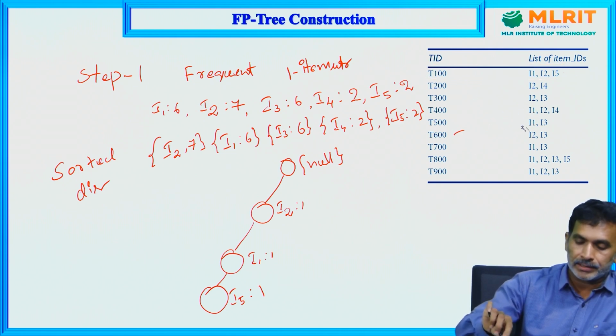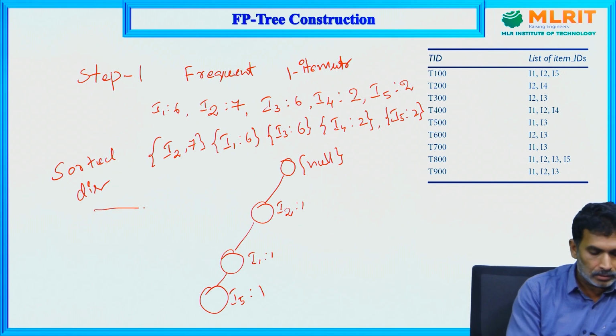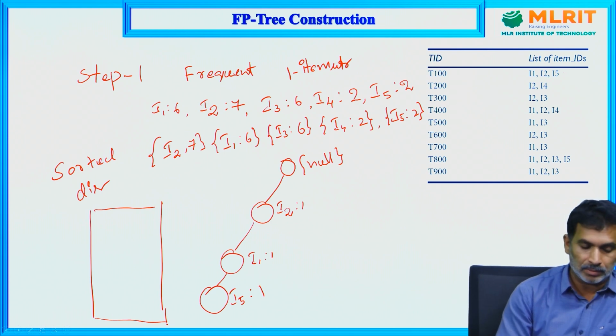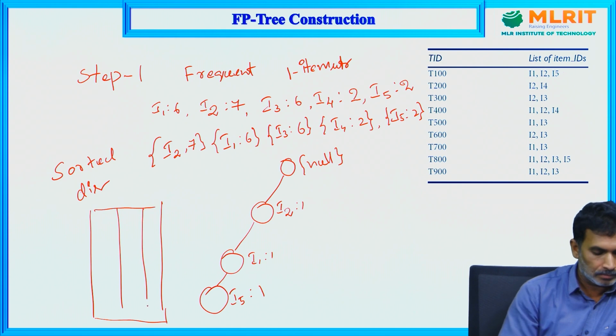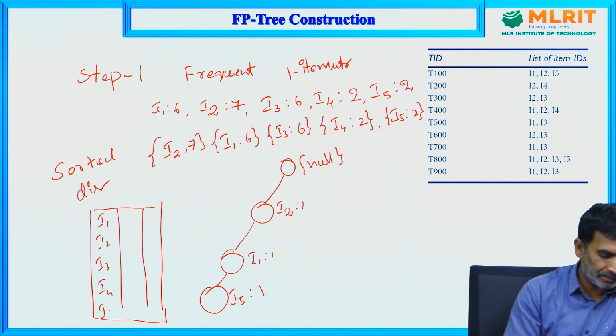Then for the second transaction, here we have to create an index to navigate the frequent pattern tree. It will have the item, like I1, I2, I3, I4 and I5 and their respective support count.